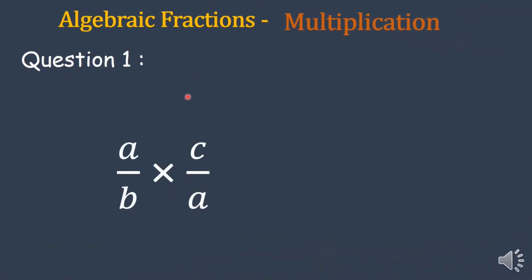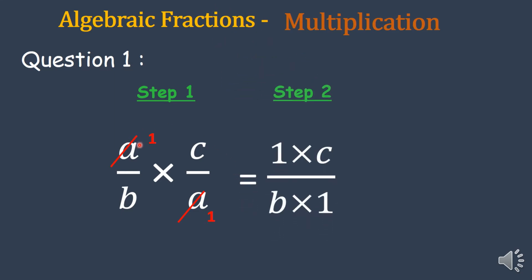In question 1, very simple, because you know A is a common factor, so we can straight away cancel it off. And then we'll apply step 2: multiply the numerators, multiply the denominators. The answer is C over B.